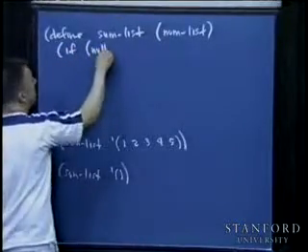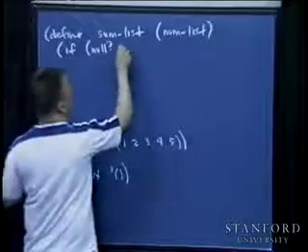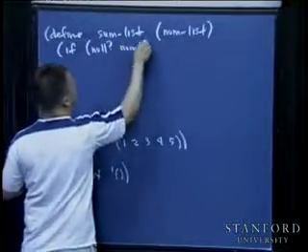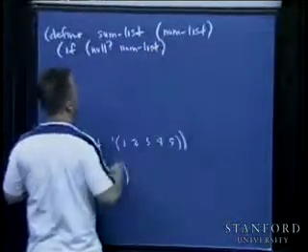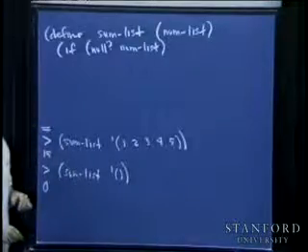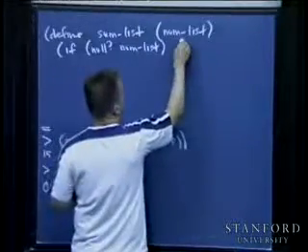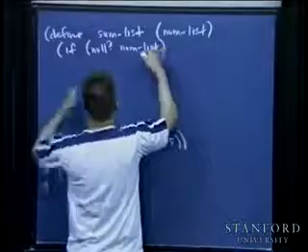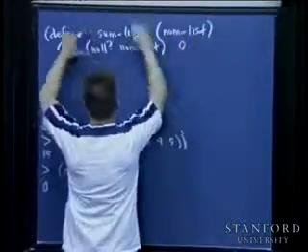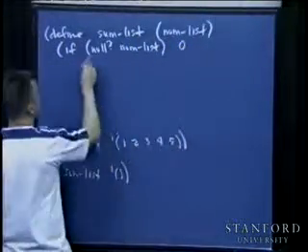If it is the case that null of num list comes back with a true, then it evaluates this expression, then this if evaluates to 0, and the overall sum list expression evaluates to 0.